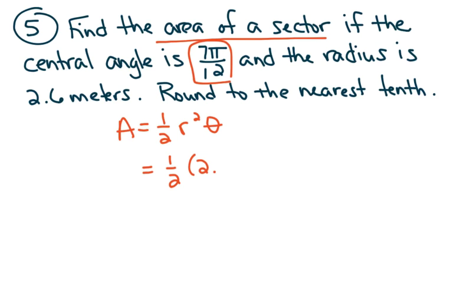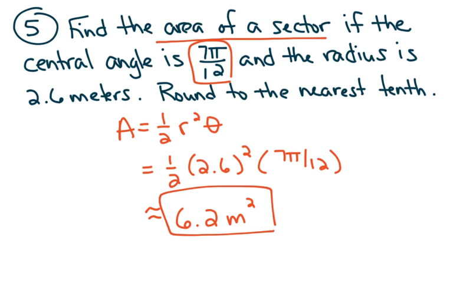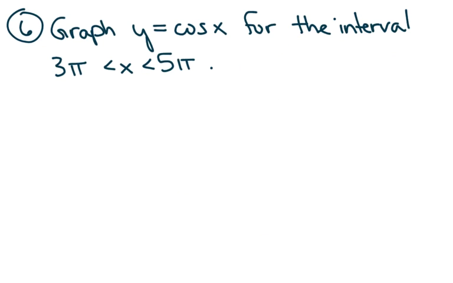I'm ready to go plug this into the formula by doing 1/2 times 2.6 squared times 7 pi over 12. And I should get approximately 6.2, and the units of measurement in this problem are meters, and it's area, so it's meters squared.